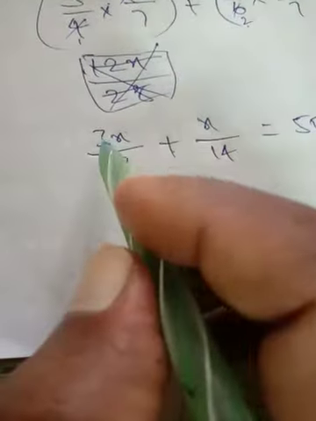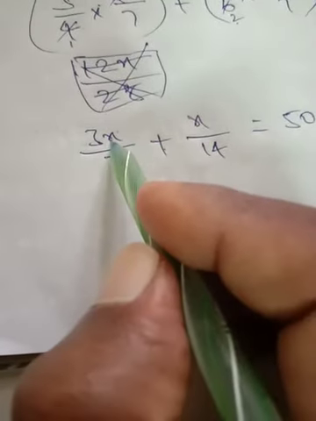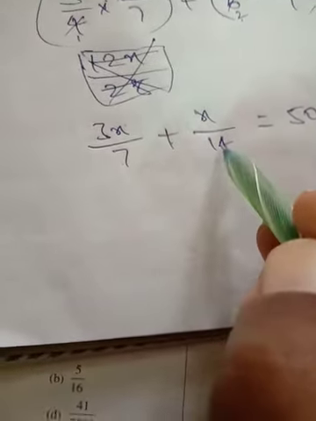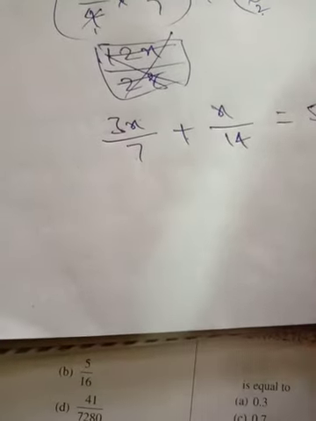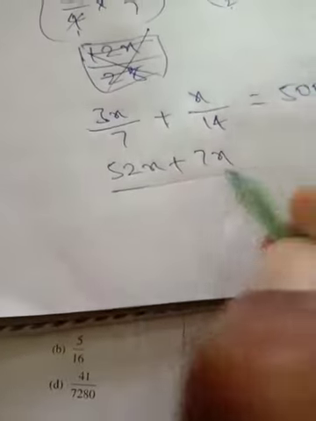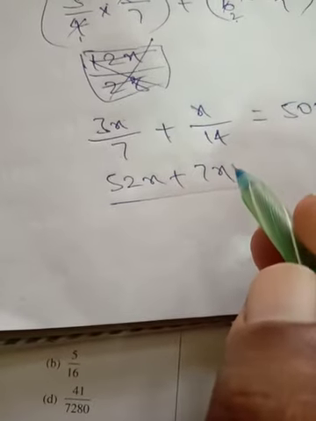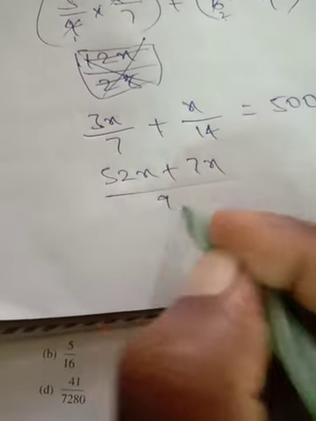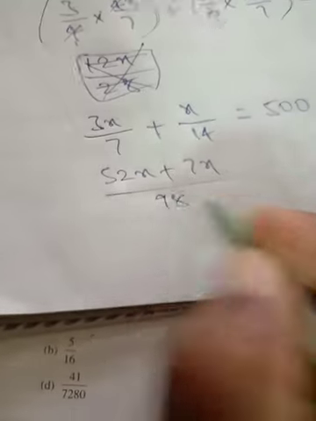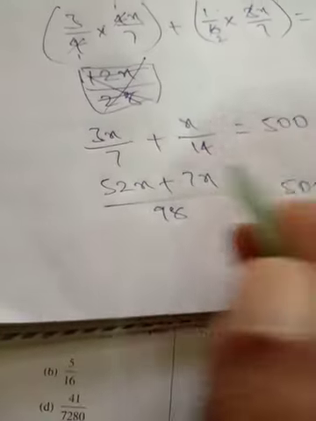You can add these two fractions very fast, or else you can go with the crisscross method. 3x into 14 is 14 3 is 52x plus x into 7 is 7x by 7 into 14 is 70 and 28 98. Okay, and 500 on this side.